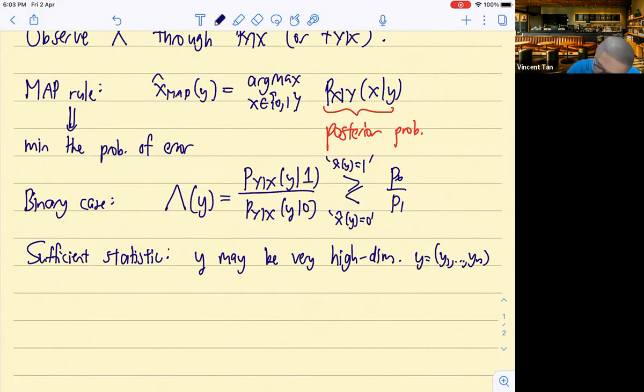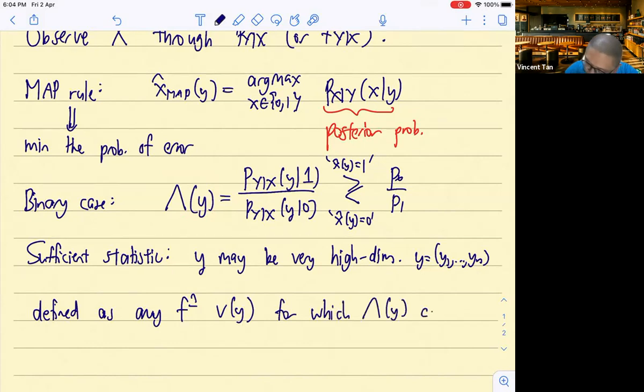A sufficient statistic is defined thus as any function d of y for which lambda of y can be computed. So it is again a reduction of the dimension of y. Y could be extremely large.